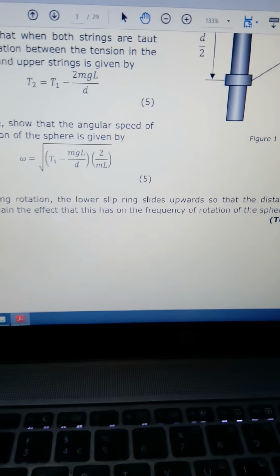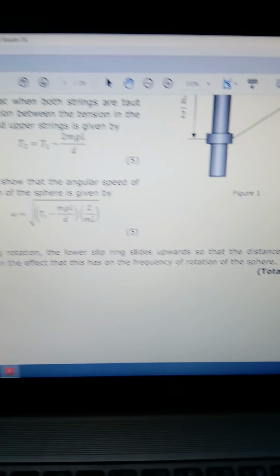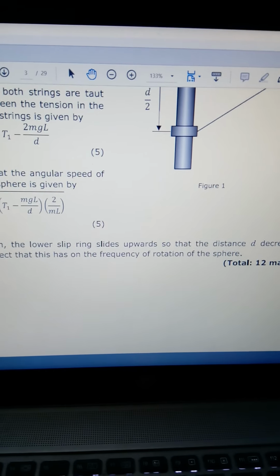Finally, for part C, we are told that during rotation, the lower ring slips upwards so the distance small d decreases. Explain the effect this has on frequency of rotation of the sphere. To answer this question, we have to look at the previous equation, and we have to say what's going to happen to omega if distance d decreases.